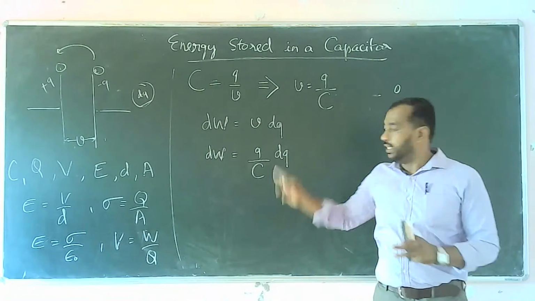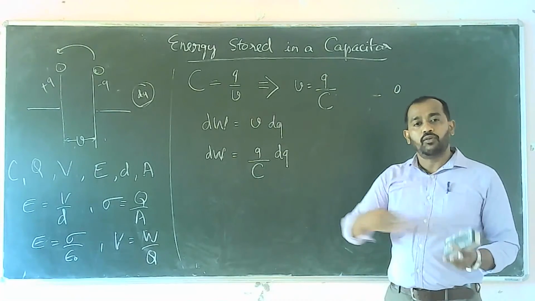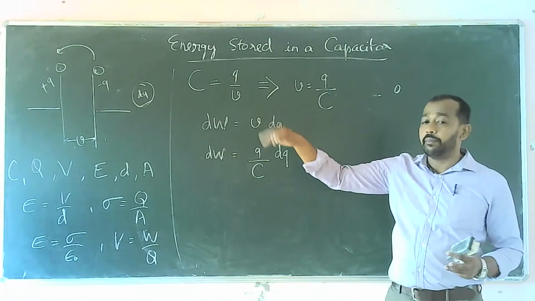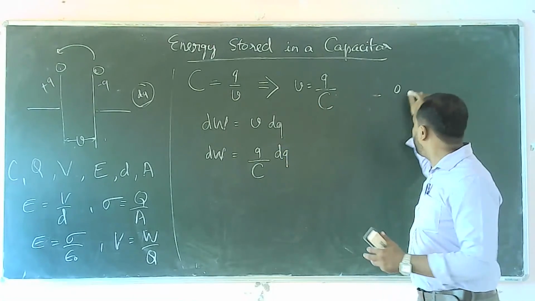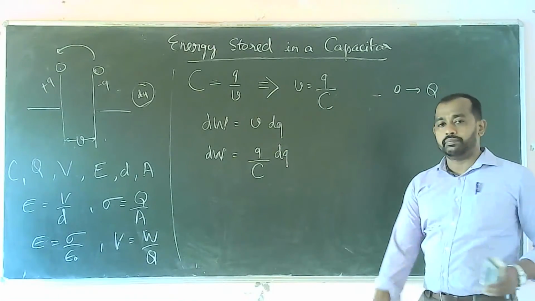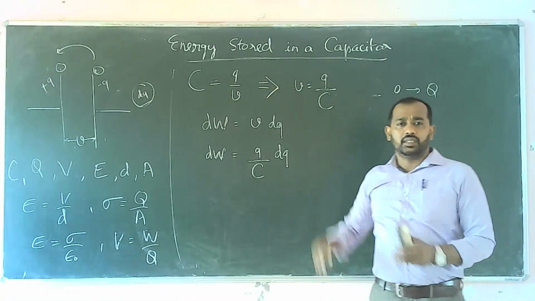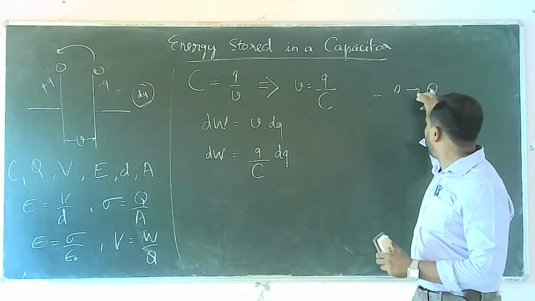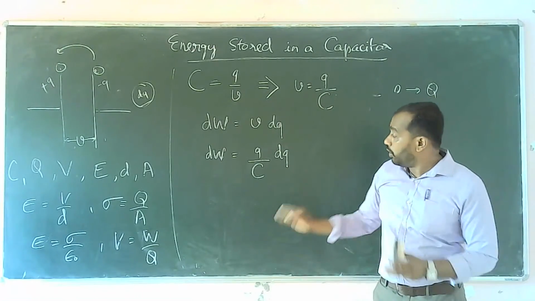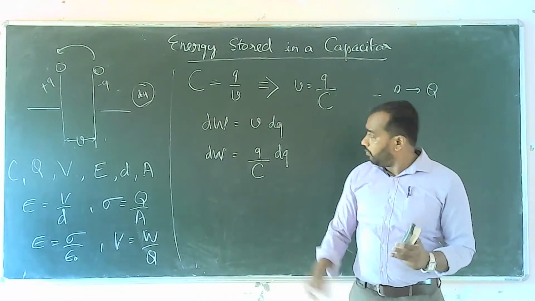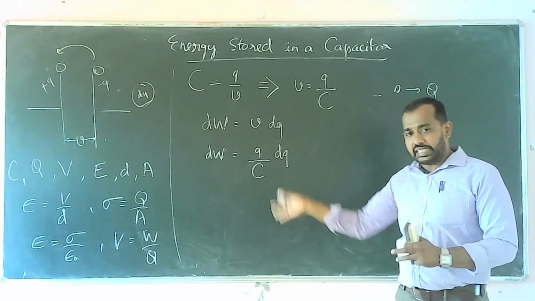Then we start sending installments in dq amounts, so the total charge deposited on the plate goes on increasing and reaches a maximum value of capital Q. We have considered some middle step here, somewhere between 0 and capital Q. From the beginning up to the end, we keep sending dq amounts of charge in steps.